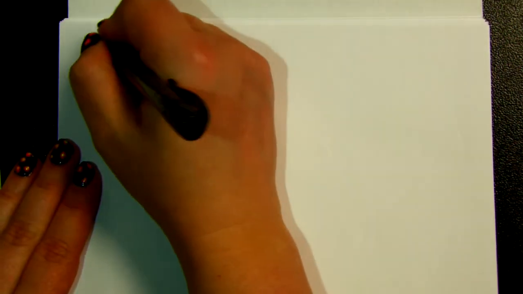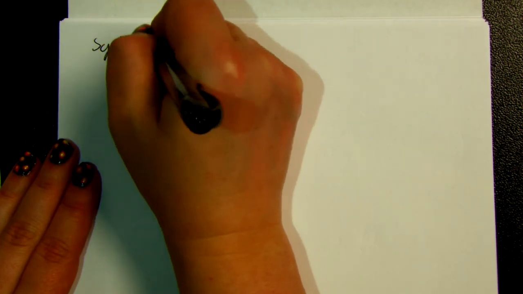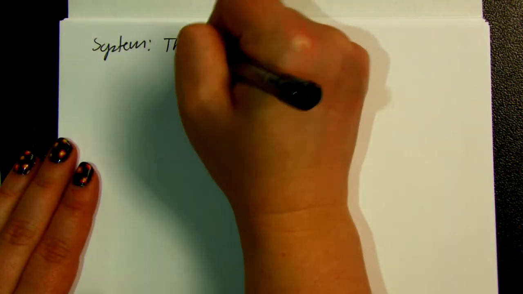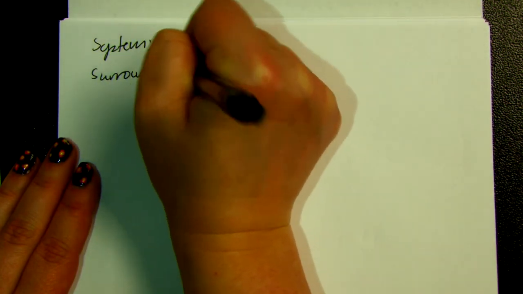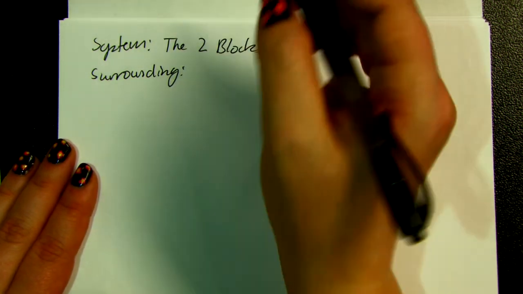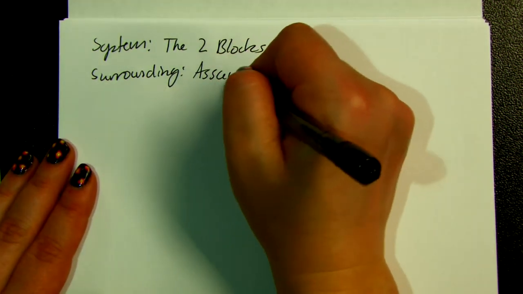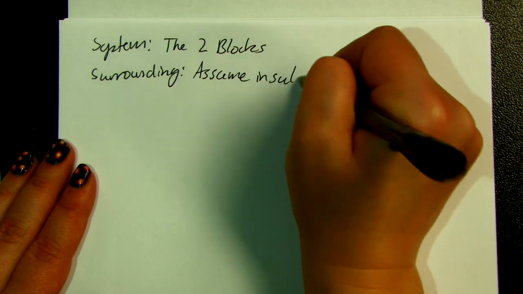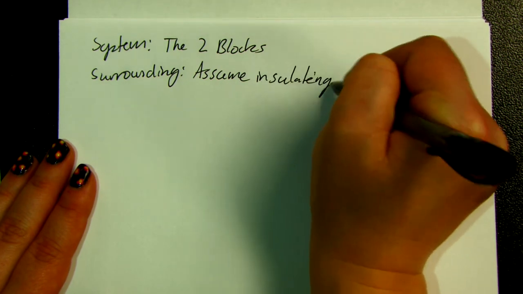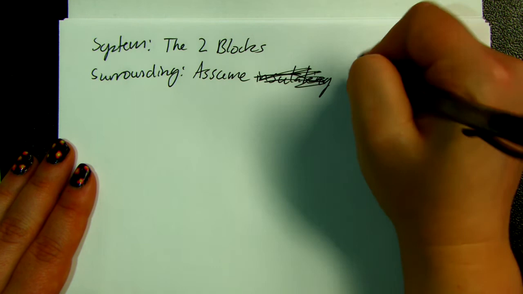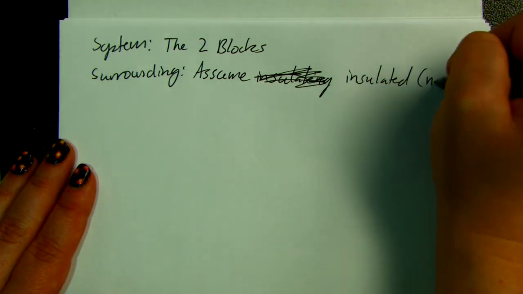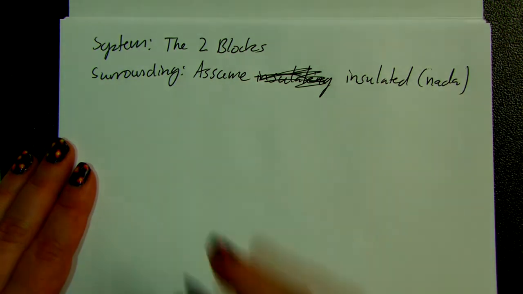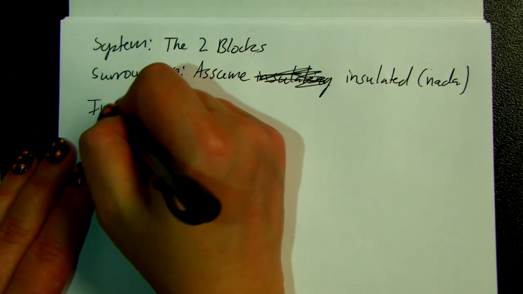So we have our system, the two blocks. We have our surroundings. We're going to assume insulated. You weren't told insulated, so nada.